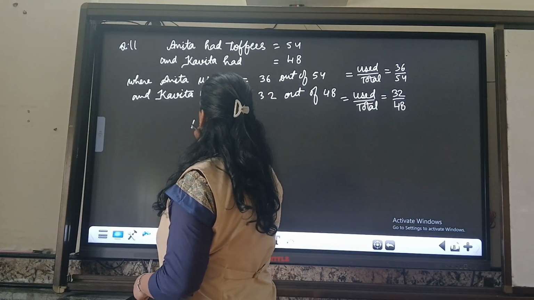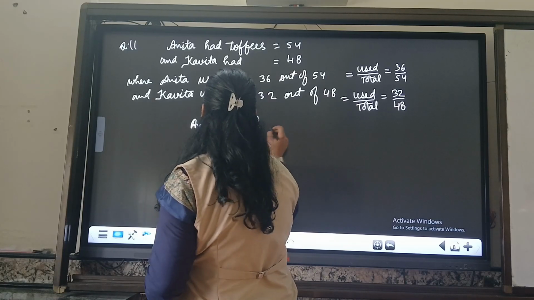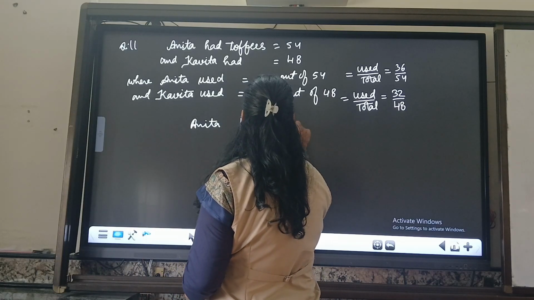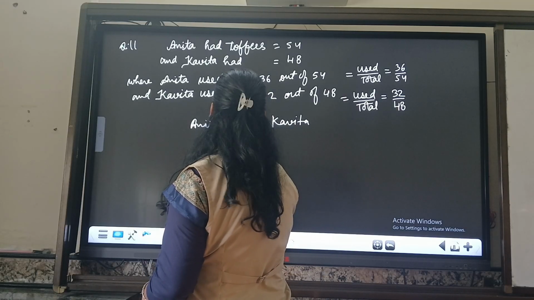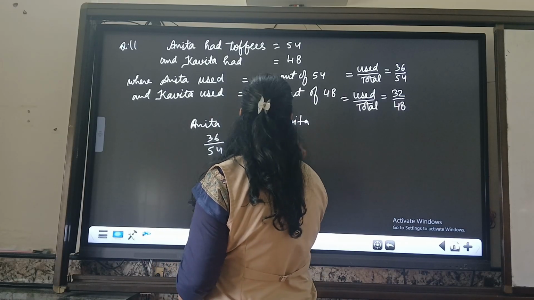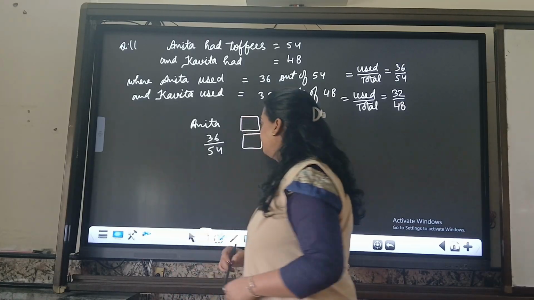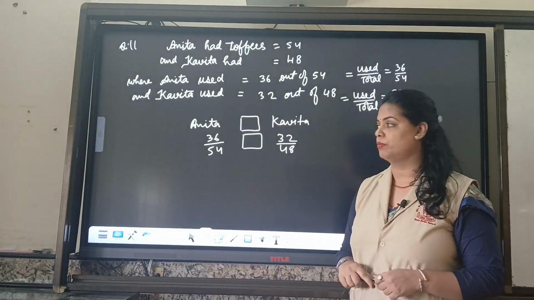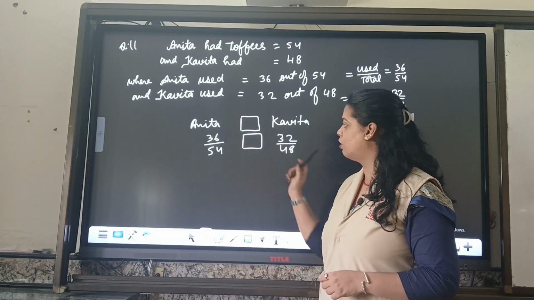So for Kavita and Anita, I am using the comparison concept. Here we have 36 upon 54 and here 32 by 48. This is the time to reduce both fractions, because we can see their numerators and denominators are not the same.